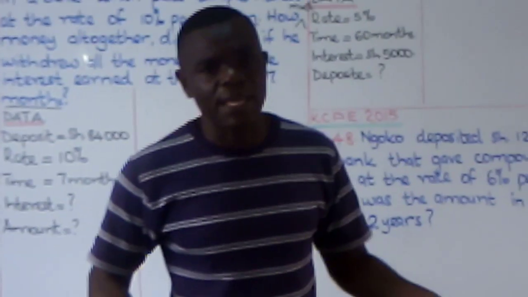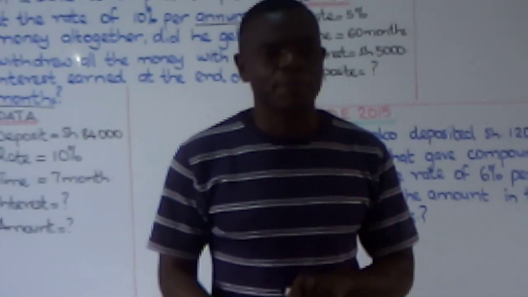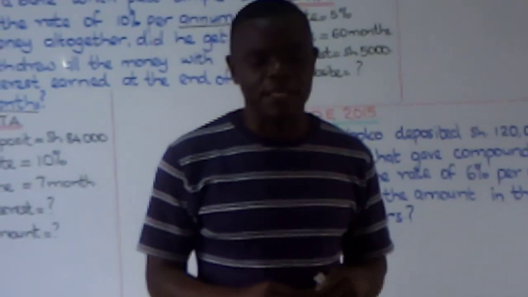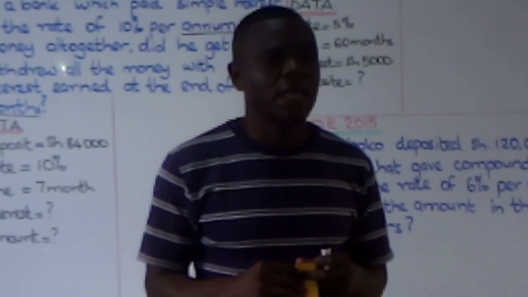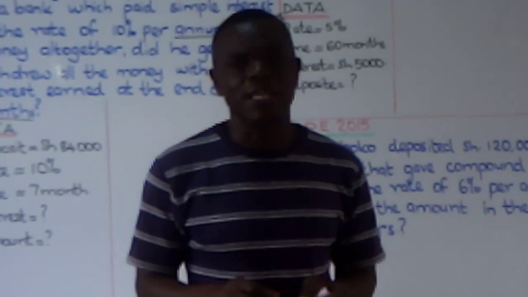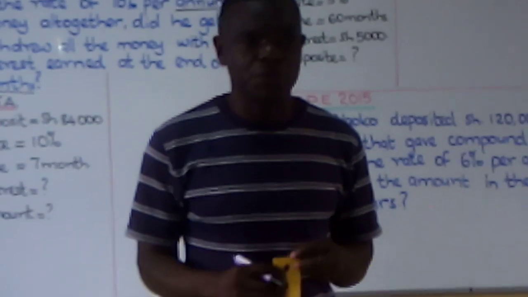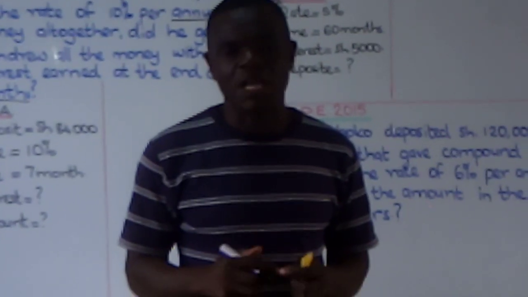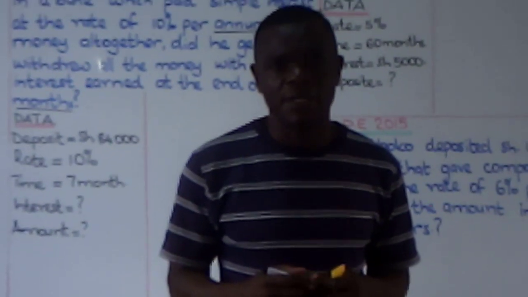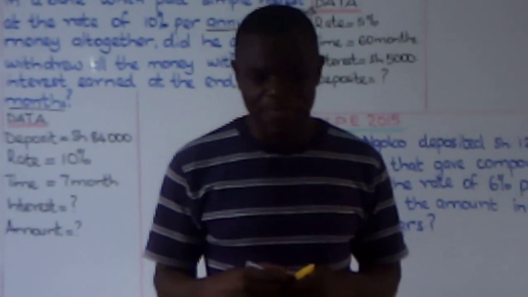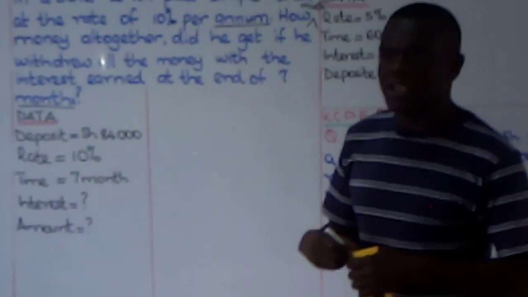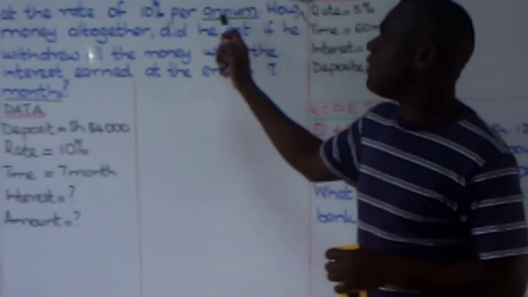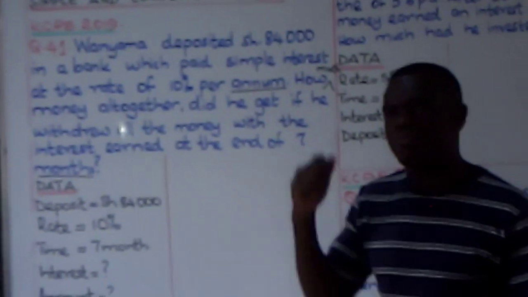Joy Mwende, please remind us the formula of finding simple interest. Brilliant. Simple interest is equal to principal multiplied by rate over 100 multiplied by time. Right? Time here depends on the rate. If the rate says per month, then the time will be monthly.